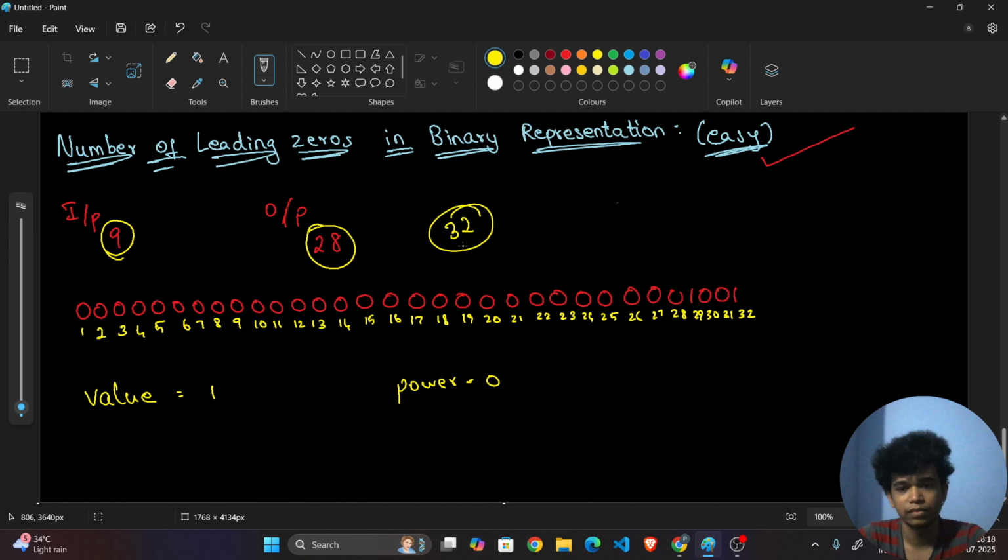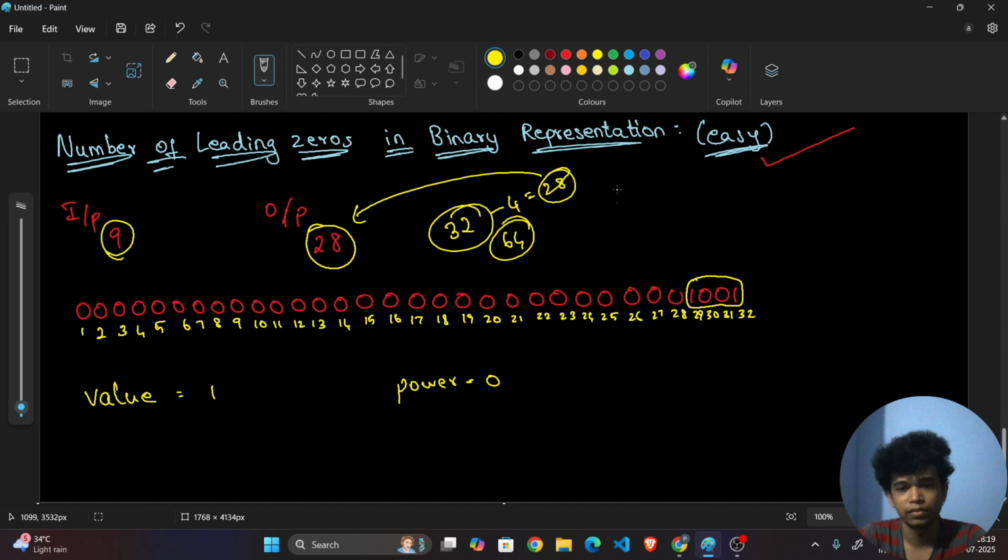That will be given in the question itself, either 32 or 64. Now we want to find the length of this binary representation. For 9, the binary length is 4. So 32 minus 4 is equal to 28. That's why we are getting the output as 28.